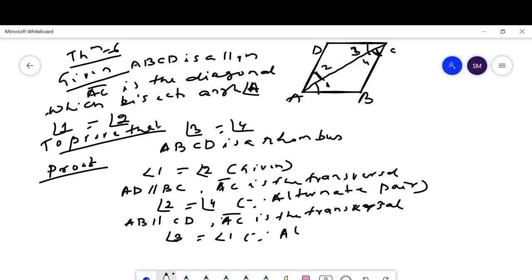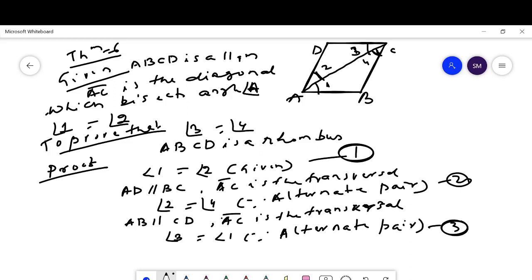Here this is equation 1, equation 2 and equation 3. Then by equating 1 and 2, we get angle 1 is equal to angle 4.